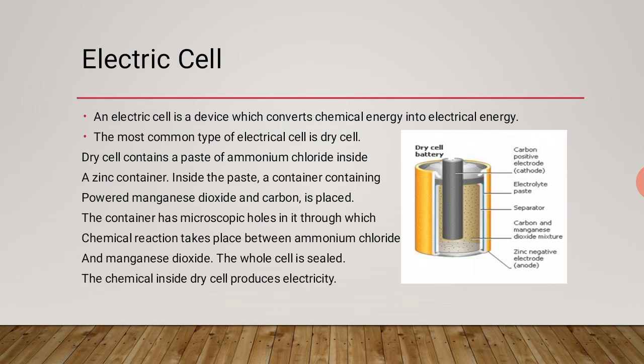Electric cell is a device which converts chemical energy into electrical energy. The most commonly used electric cell is the dry cell. I have shown the diagram for a dry cell here. A dry cell contains a paste of ammonium chloride inside a zinc container.